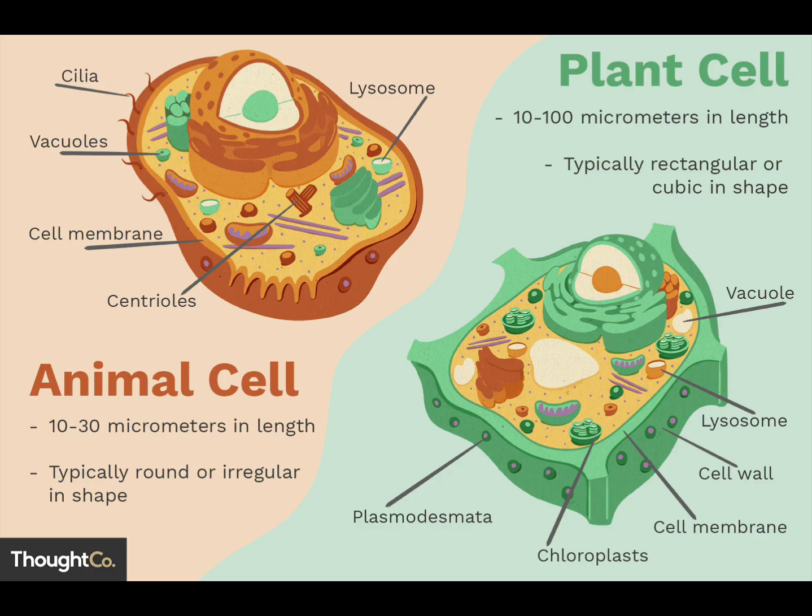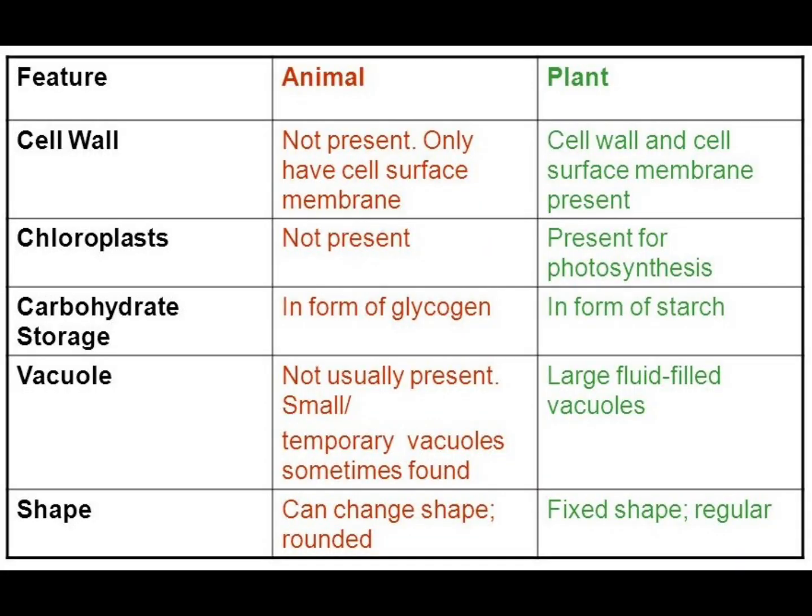And also under the topic of cells and ecosystem, you need to know the differences between animal and plant cells. Animal cells don't have a cell wall, while plant cells have cell walls. Animal cells don't have chloroplasts, but plant cells have chloroplasts. Animal cells store carbohydrates in the form of glycogen, while plants store carbohydrates in the form of starch.